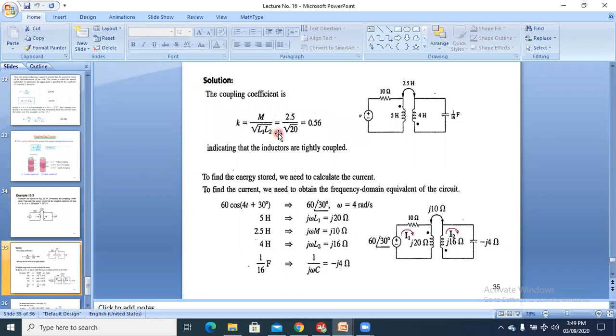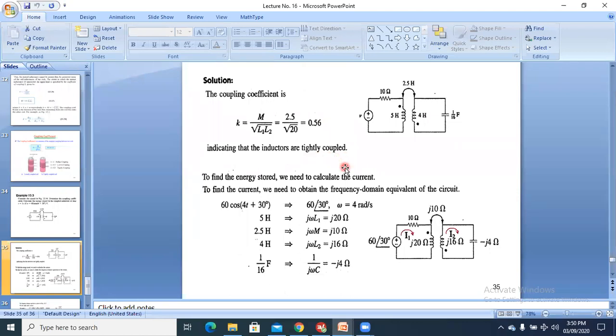We know the value of mutual inductance and the inductance of the two coils. From the mutual inductance and the self-inductance of the two coils, we find the value of the coupling coefficient, and this coupling coefficient is greater than 0.5, so it means that they are tightly coupled.